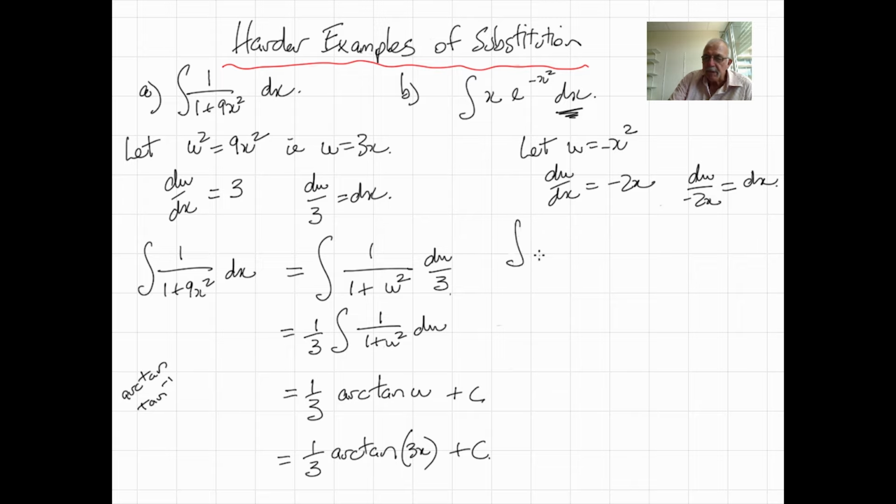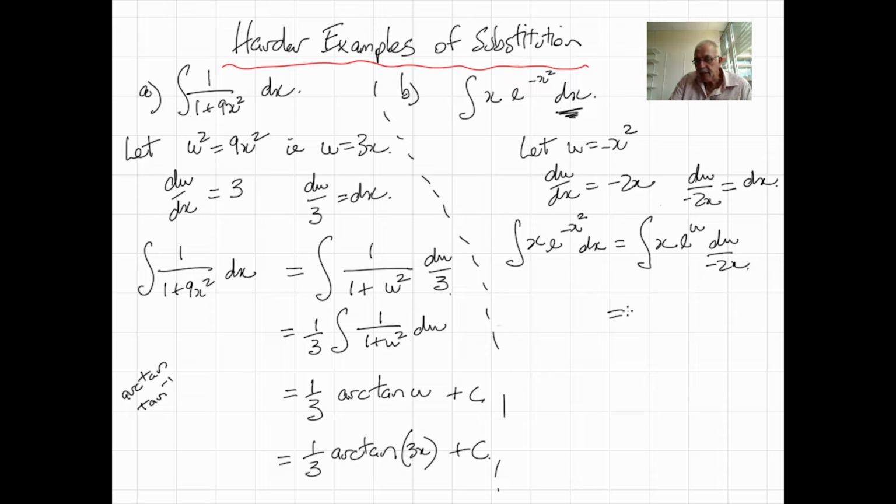So our original question was, so we better just do a little bit of a dotted line down here. So our integral of x e to minus x squared dx will be the integral. Now we'll leave that x as it is. This minus x squared will be just u, so that'll be e to the u. And then instead of that dx, we're going to write du over minus 2x.